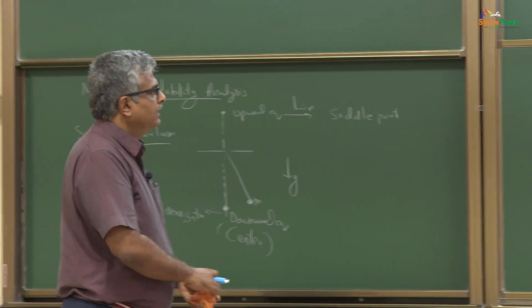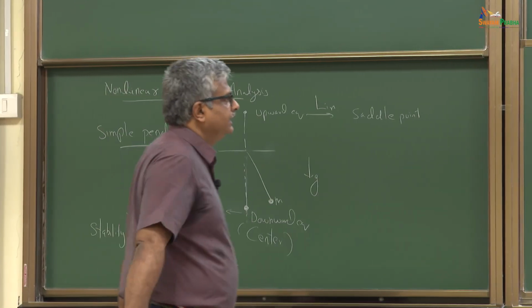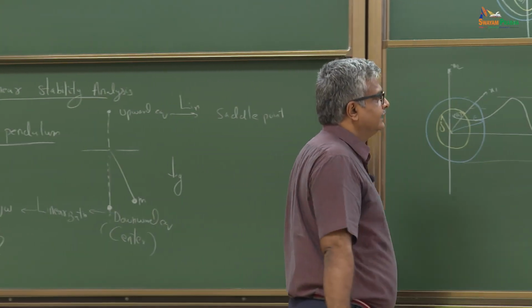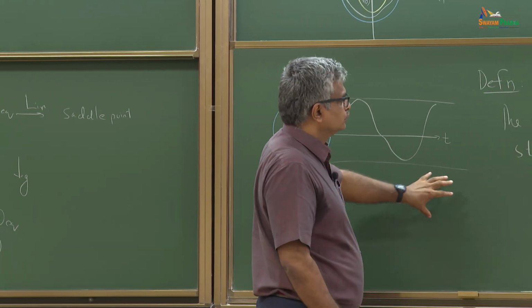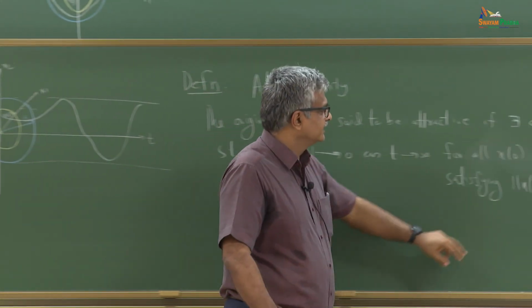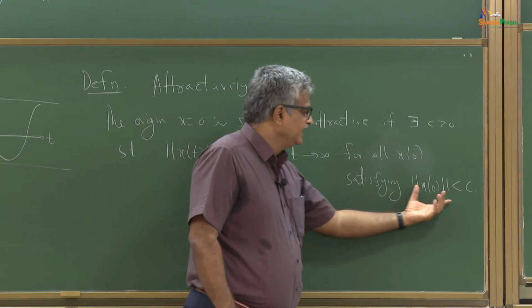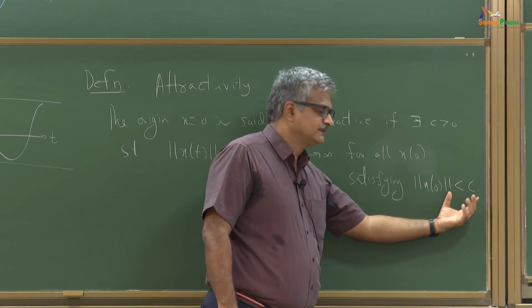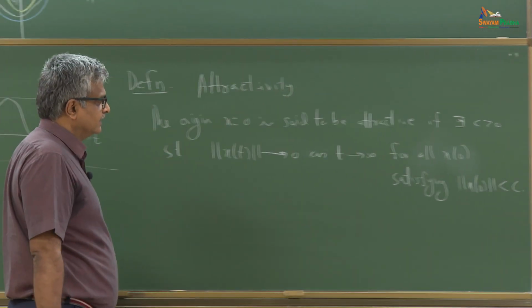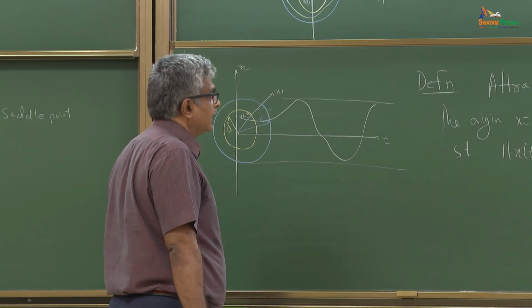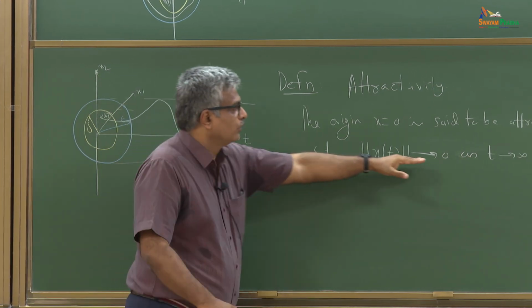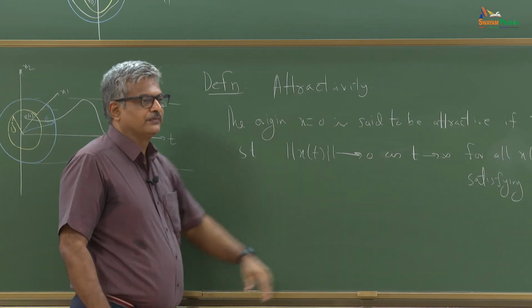So attractivity requires that you come up with some constant c such that for all initial conditions in the ball of radius c with center at the origin, the trajectory approaches the origin as t tends to infinity, right?